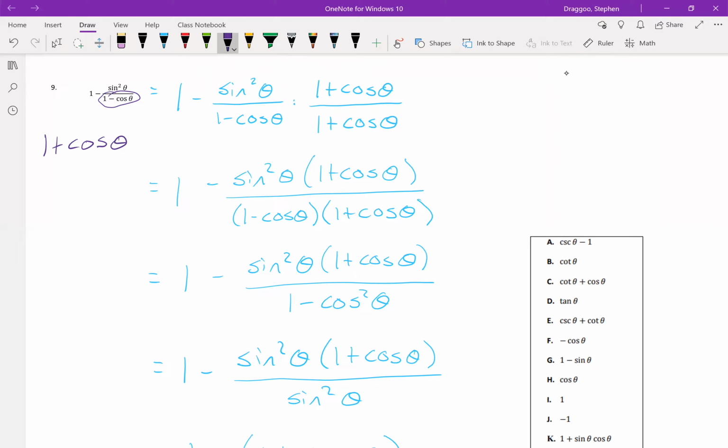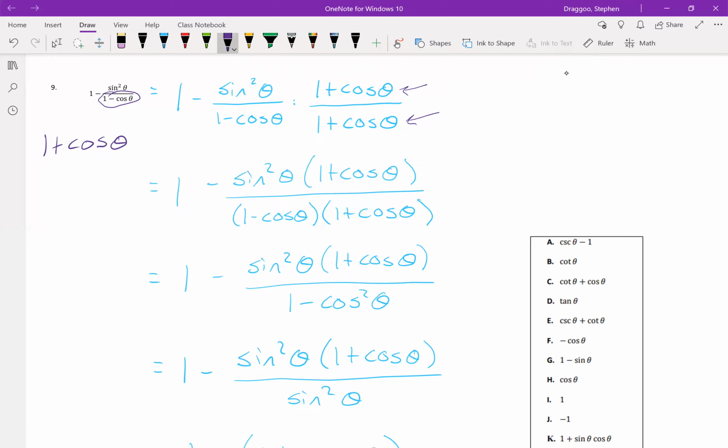So I'm going to multiply 1 plus cosine theta to top and bottom, right here. Doing so gives me the result of 1 minus sine squared times 1 plus cosine theta in the numerator, divided by 1 minus cosine theta times 1 plus cosine theta in the denominator.